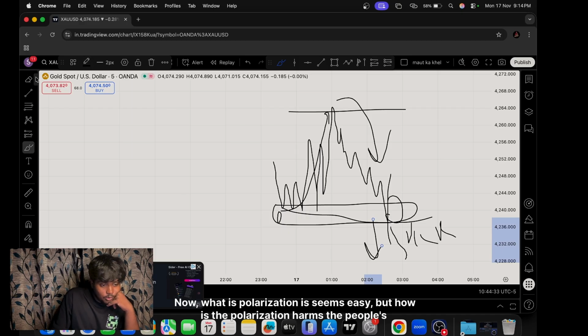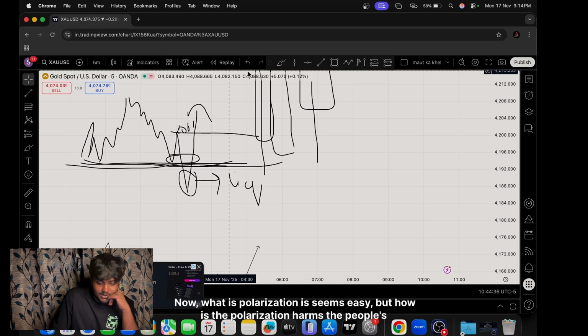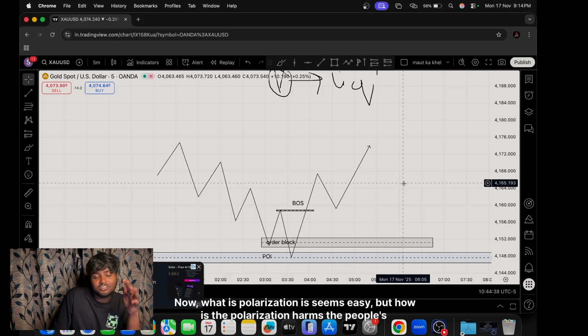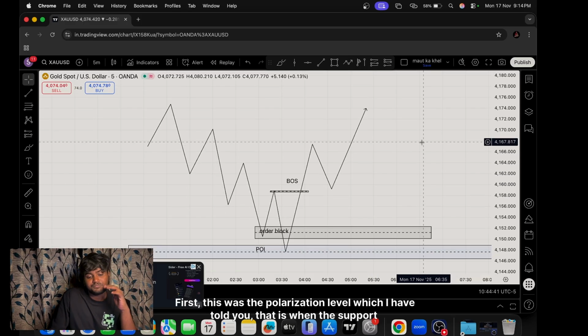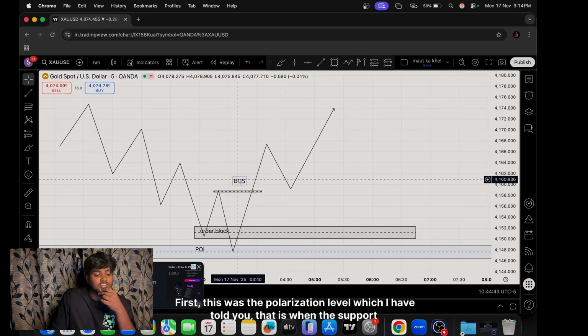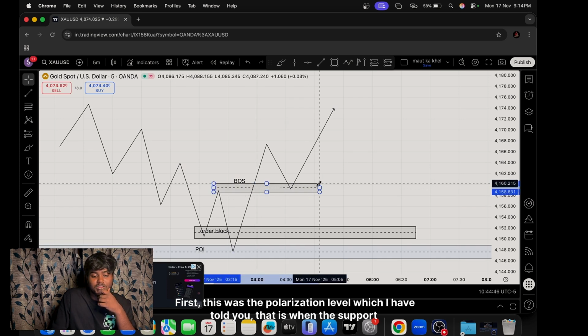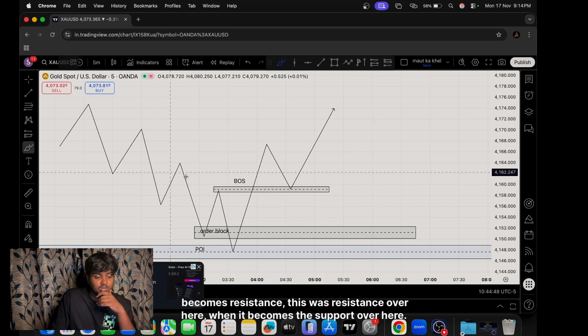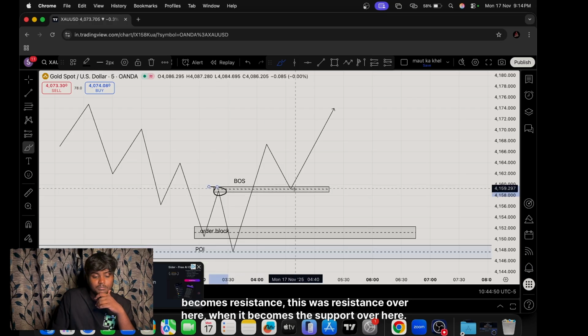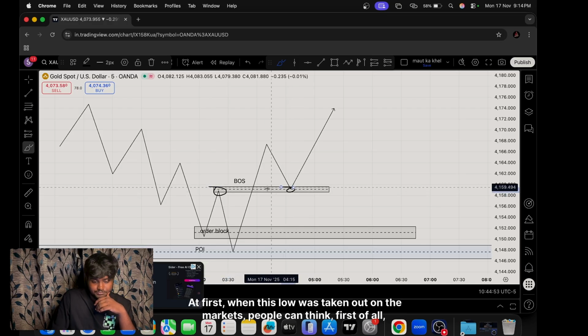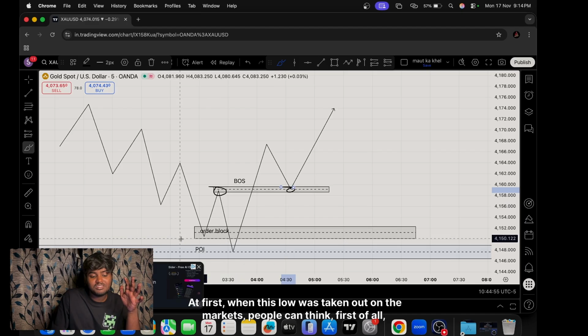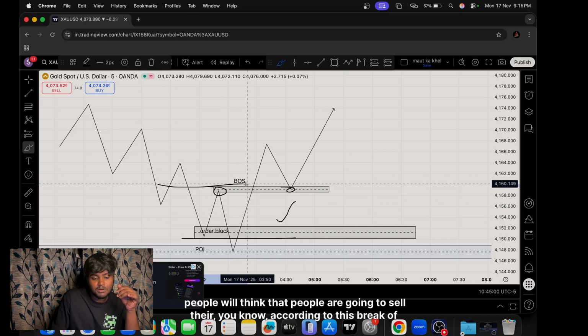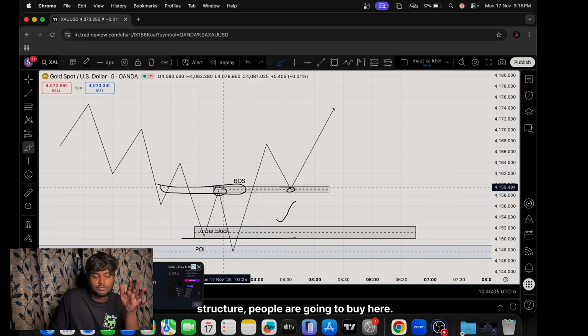Now what is polarization? It seems easy, but how does polarization hunt people's stop losses? First, this was the polarization level which I told you about, when the support becomes the resistance. This was the resistance over here, which became the support over here. At first, when this low was taken out, people will think that, according to this break of structure, the people are going to buy here.